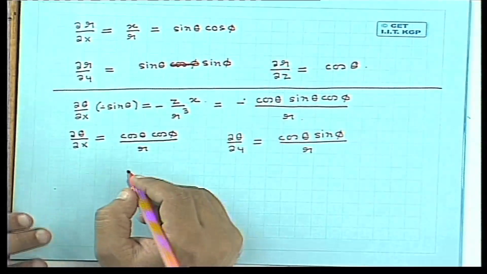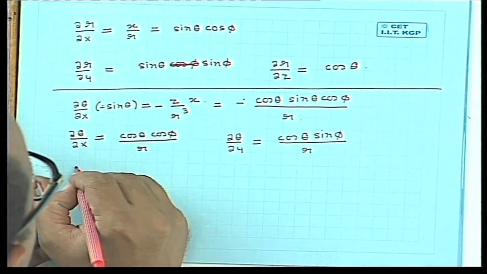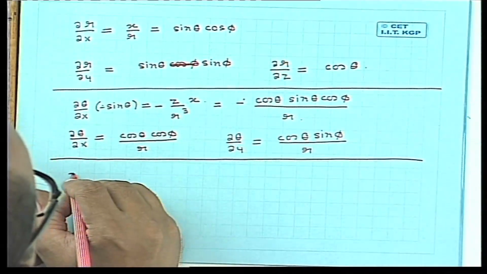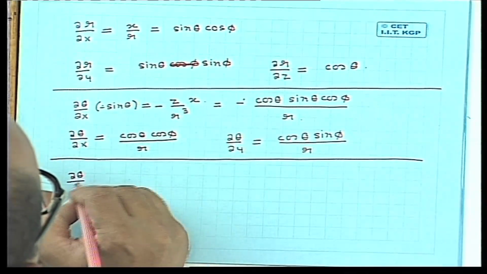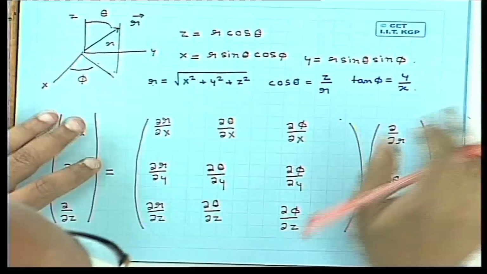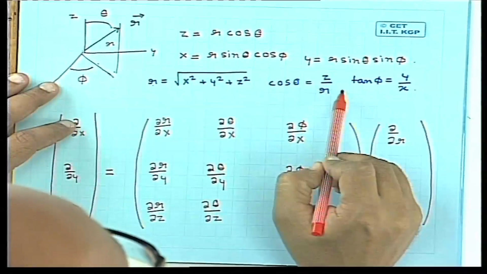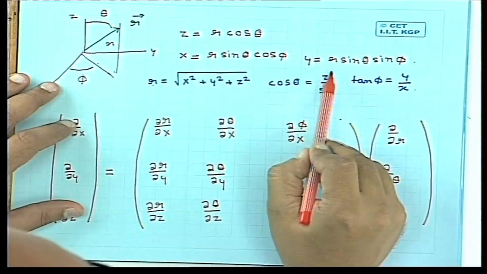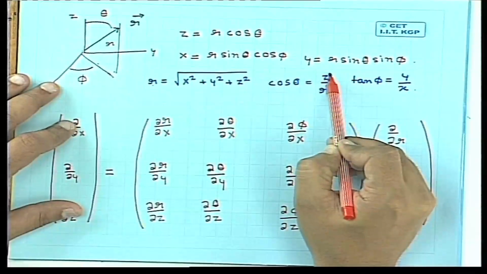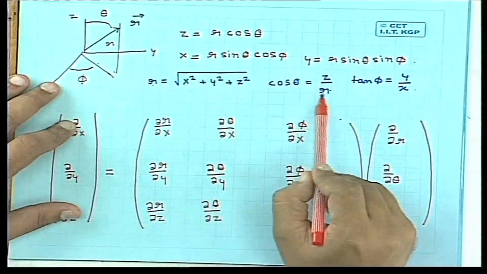So, del theta del z can again be obtained from this. All we have to do is just differentiate this with respect to z. Now, we will have one term when we differentiate the numerator and another term when we differentiate the denominator.